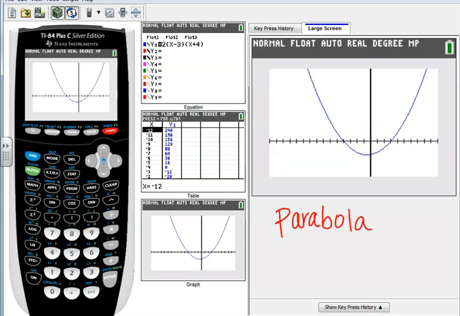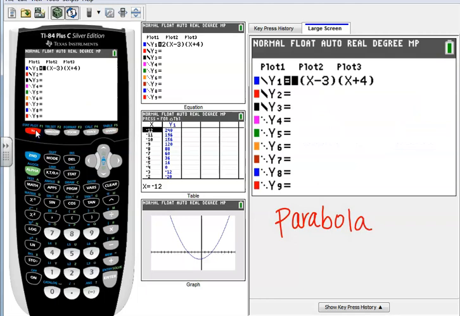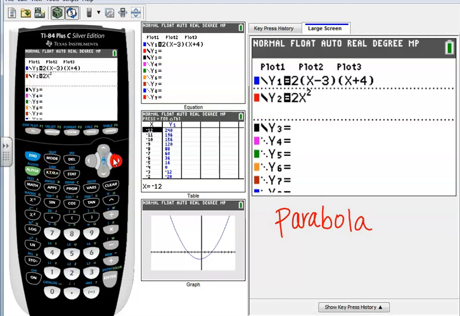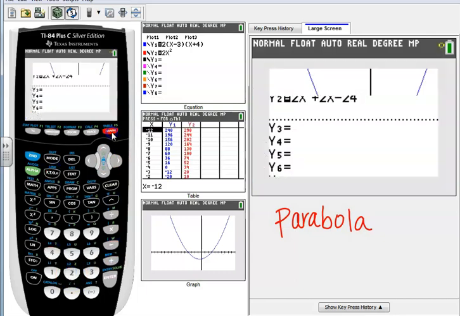In y sub 2, I'm going to type in the equation that we got when we multiplied the 2 linear factors. And the equation that we came up with was 2x squared plus 2x minus 24.